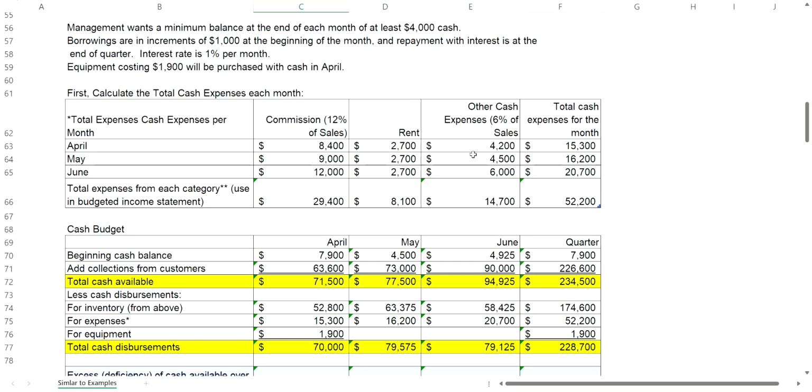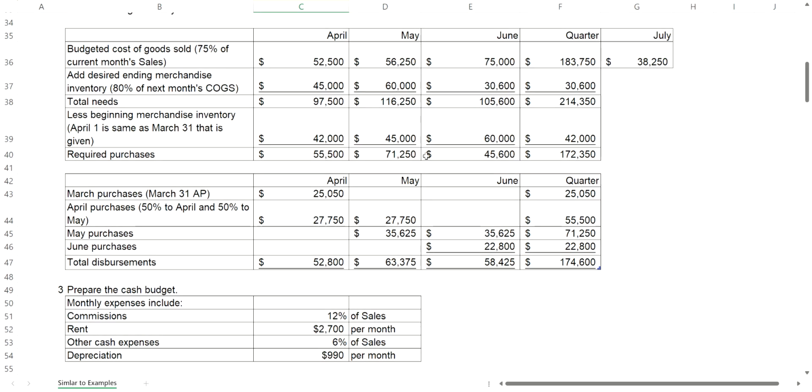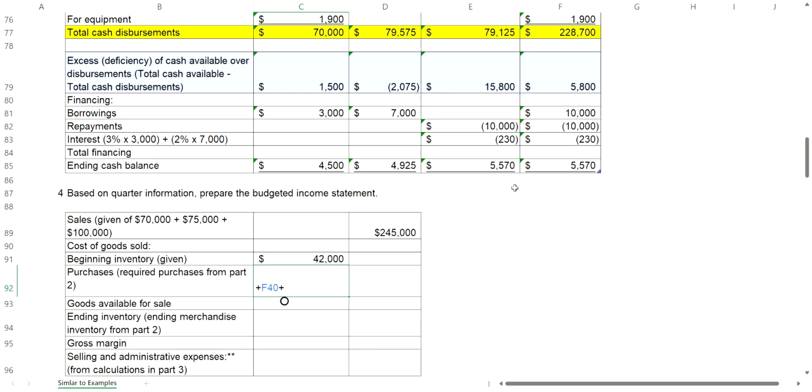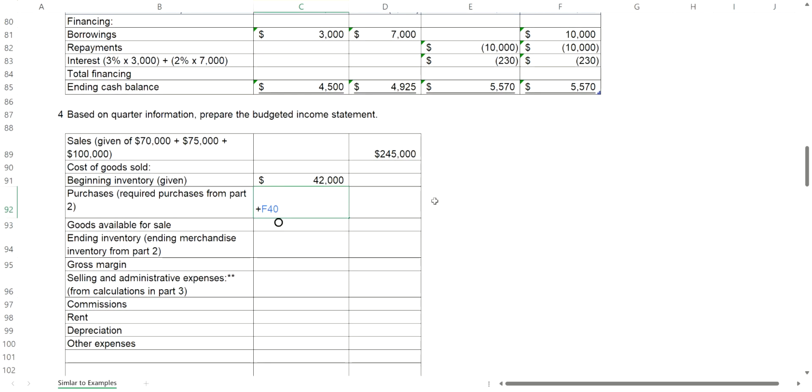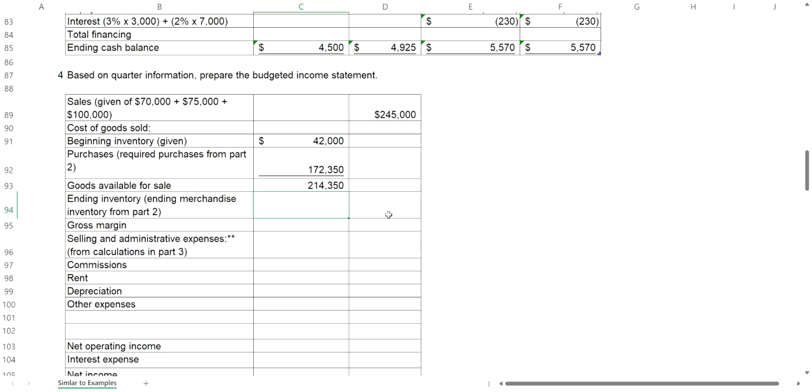So as I go back up here to part 2, required purchases for the quarter were $172,350. So I will bring that on down. Okay, goods available for sale, just add those two numbers together. The most I could sell would be $214,350.